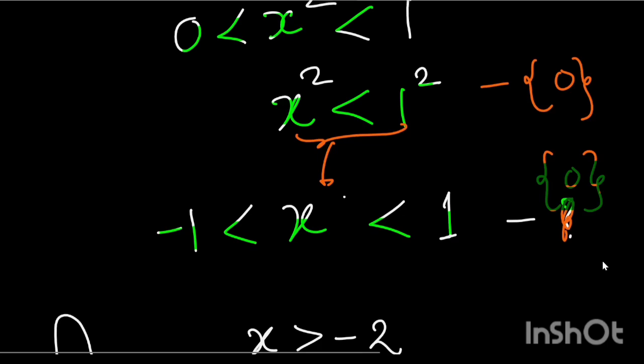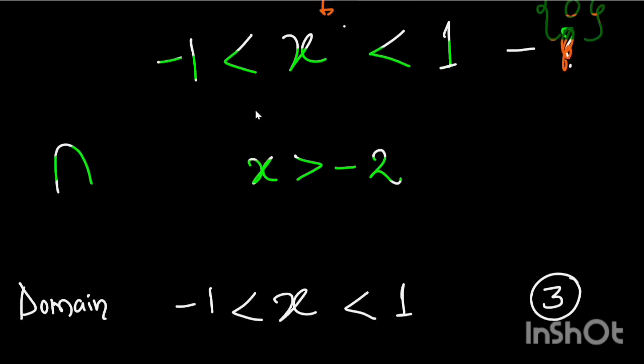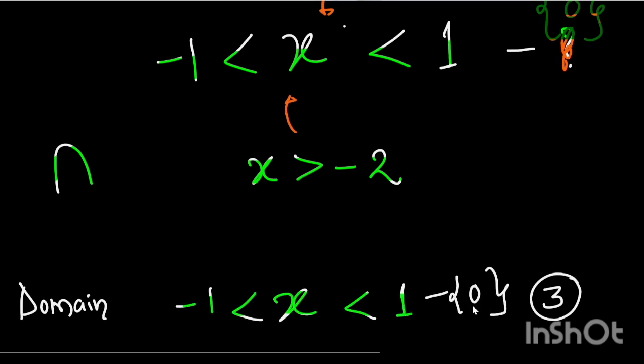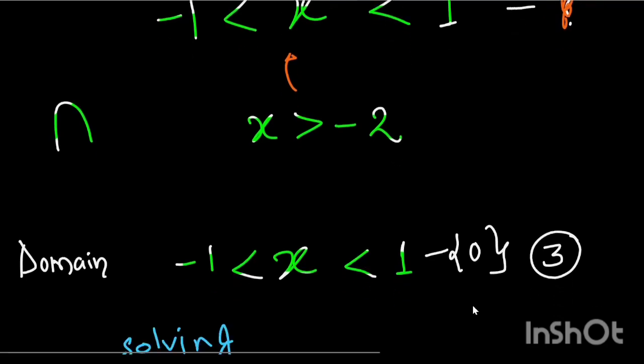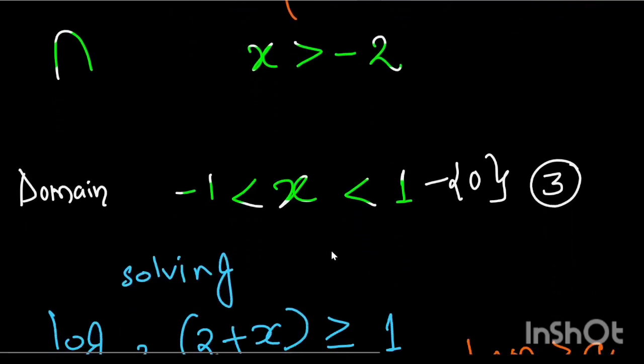As you can see here, minus 1 to 1, all the values lying between minus 1 to 1 are a subset of greater than minus 2. So the domain is minus 1 to 1 only, excluding 0. Okay, so this is the domain of the equation.